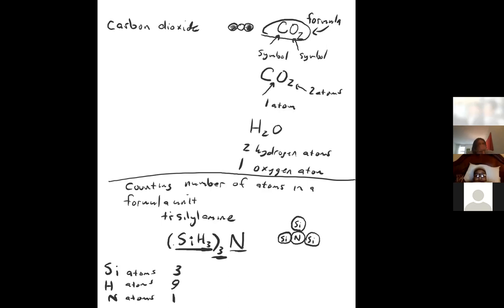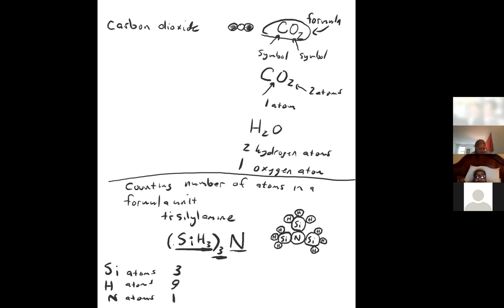And then on each silicon, there's 3 hydrogens. Kind of cool. So trisilylamine. Amine means nitrogen. Okay, so again, you don't need to do that in this course. This is something that you would go through in the next course, but that's essentially the meaning of it.